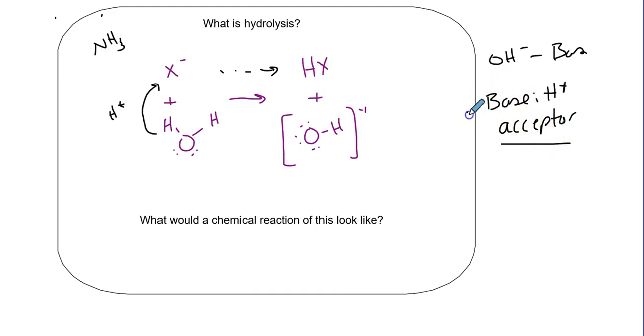And that is ending up being one of our main ideas here. But being in a water system is super common, and therefore this is just very common. What would this look like? It would be like X negative plus water would yield HX plus OH negative, and this is the hydrolysis equation.